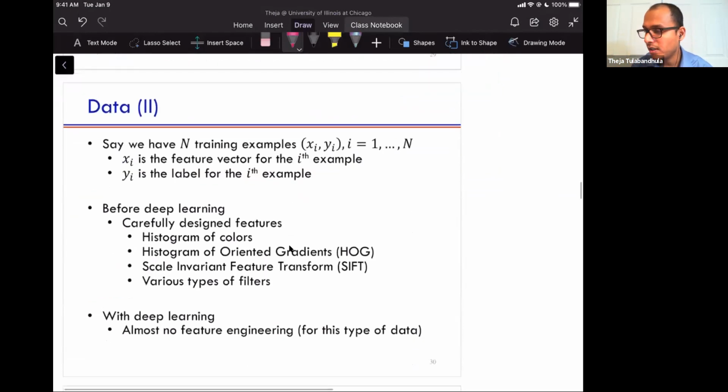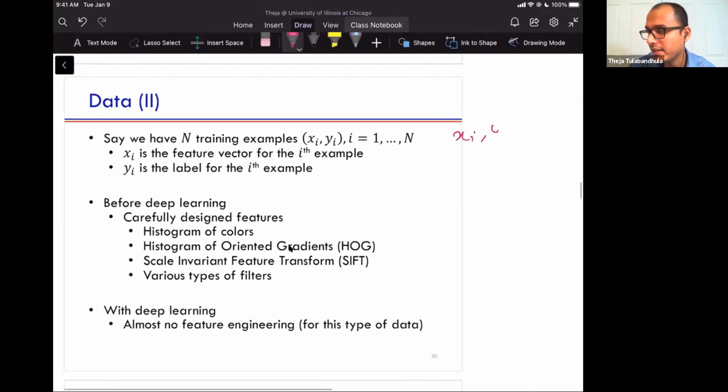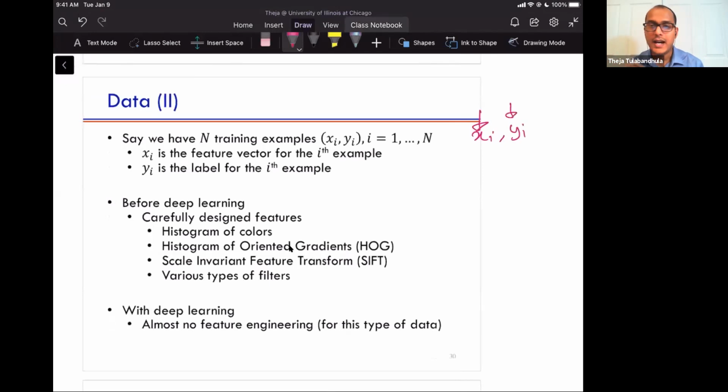But let's come back to how we represent data, and this is going to be very typical, and we don't really need this type of representation too much. But generally, xi, yi represent the feature vector and the label. Okay, the subscript i just represents a generic placeholder. Instead of x1, x2, x3, up to x capital N, let's say we have 1,000 examples or 1,000 observations.